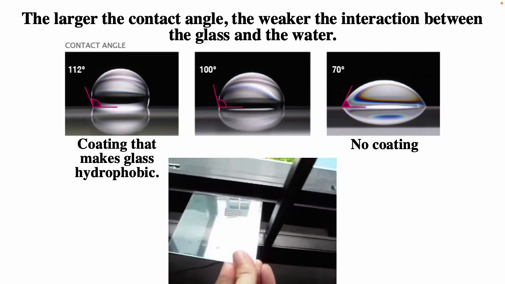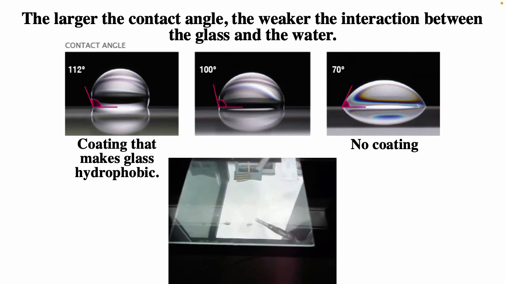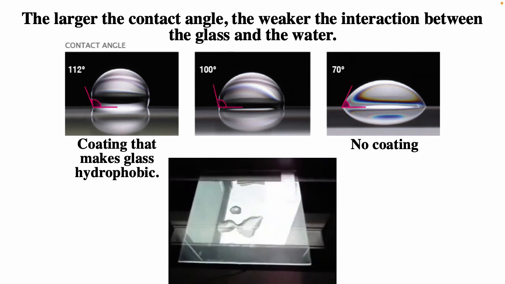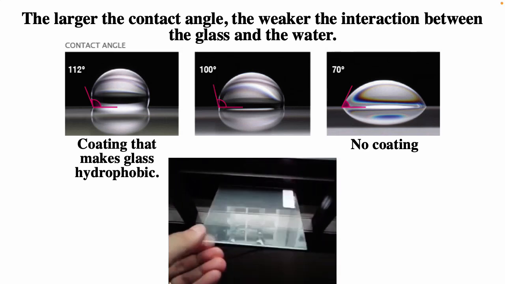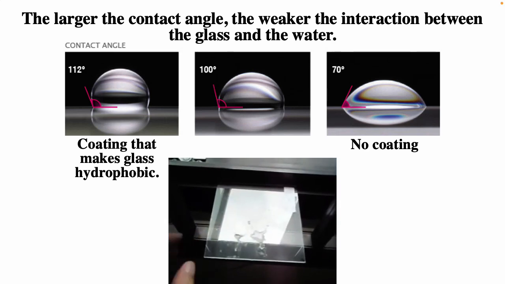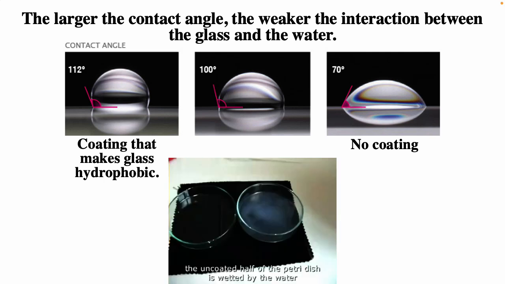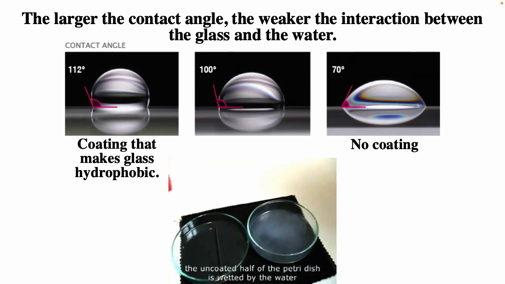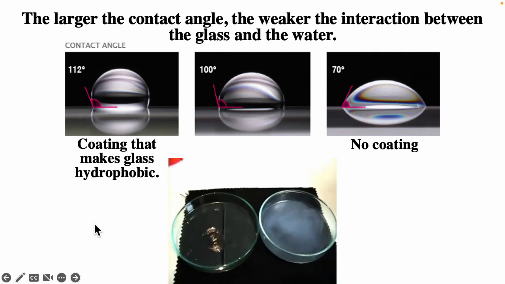Now this side of the glass was not treated, and you'll see that the water stays on the surface. The petri dish on the right was treated, the petri dish on the left was not treated.